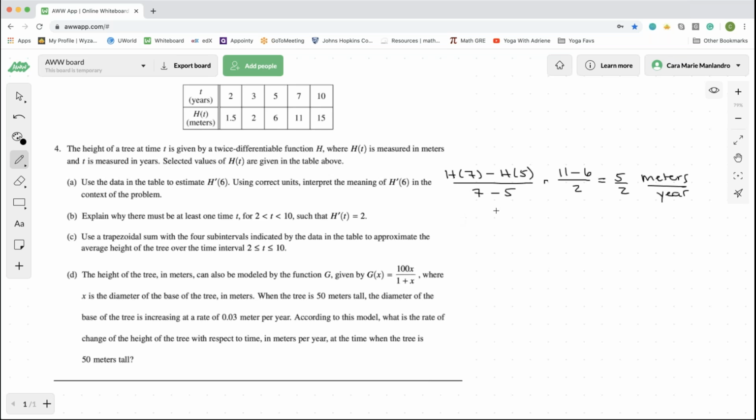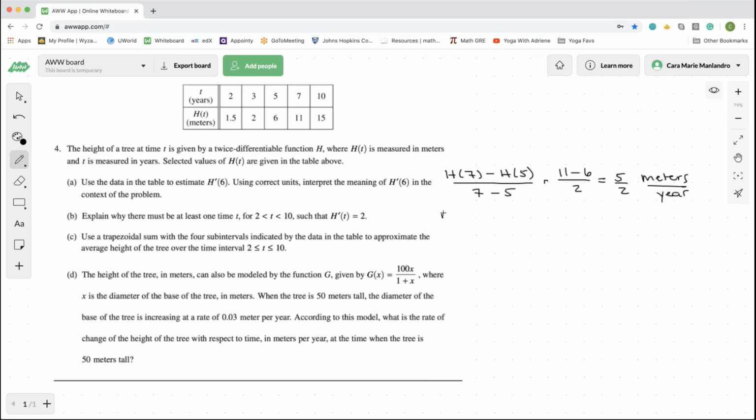Great. Okay. Explain why there must be at least one time t where the slope is equal to 2. Okay, so this is starting to look like something that might remind us of the mean value theorem.